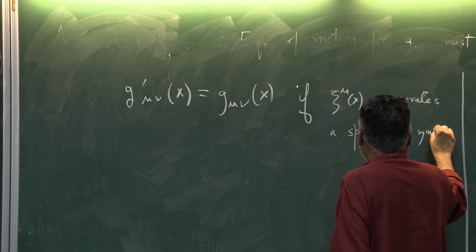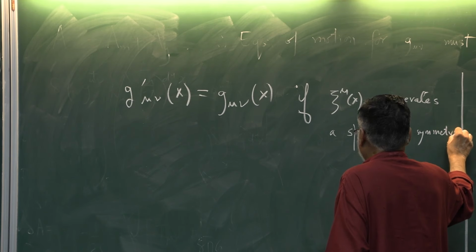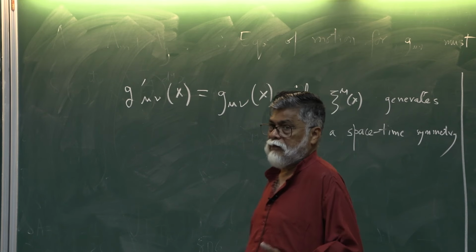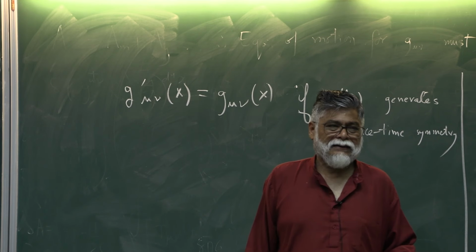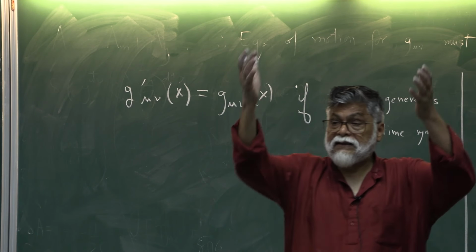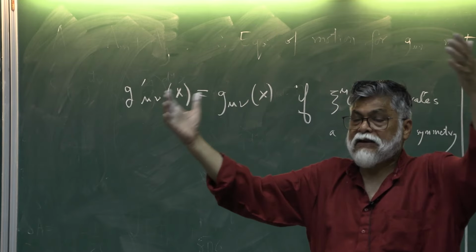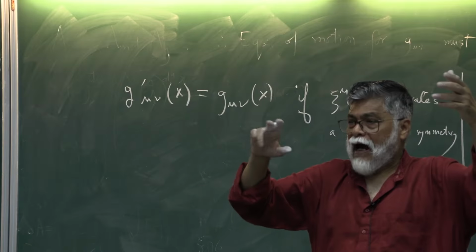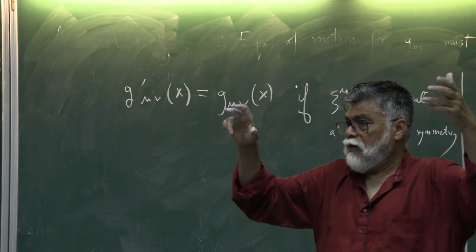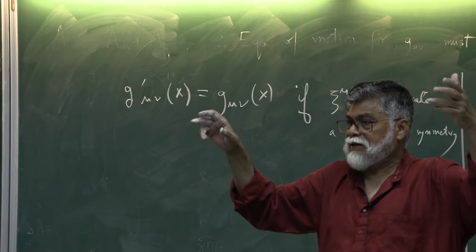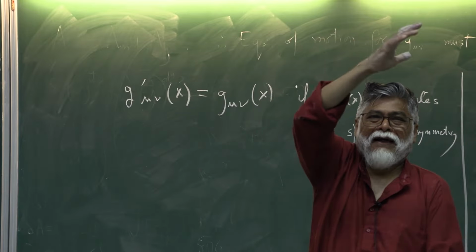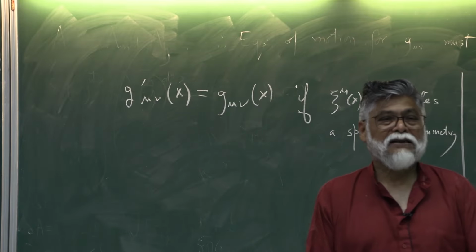Now this is very important. For example, let's go back to our classical mechanics. Why is the 1 over r potential rotationally symmetric? Because r is the square root of x squared plus y squared plus z squared. When you make a rotation, x, y, z transform.